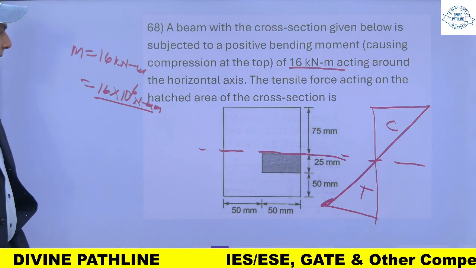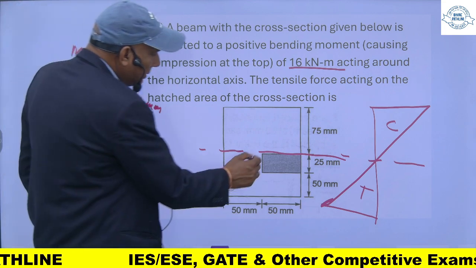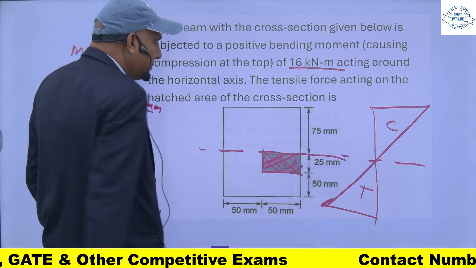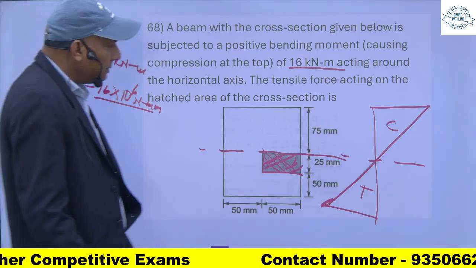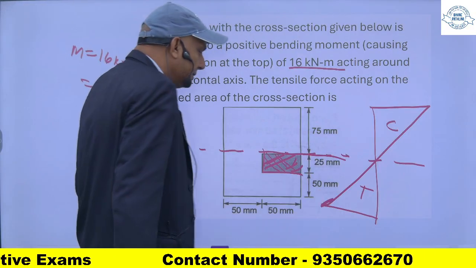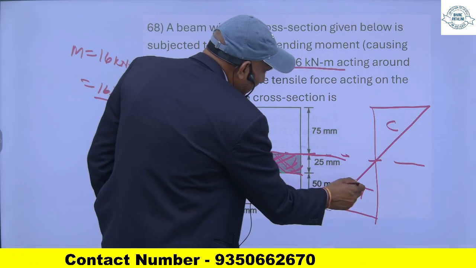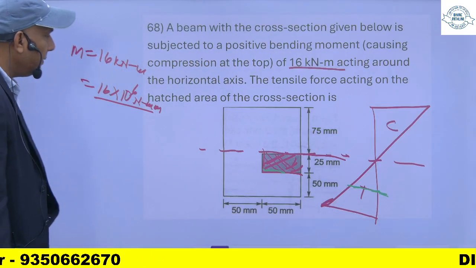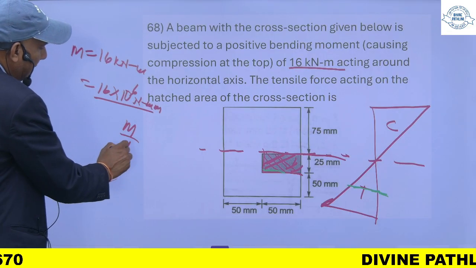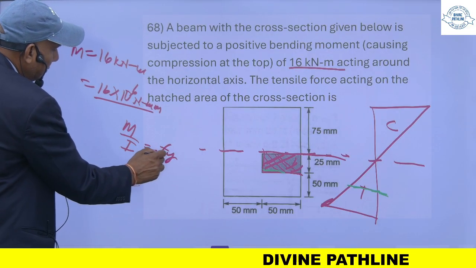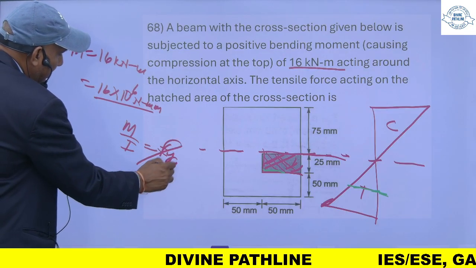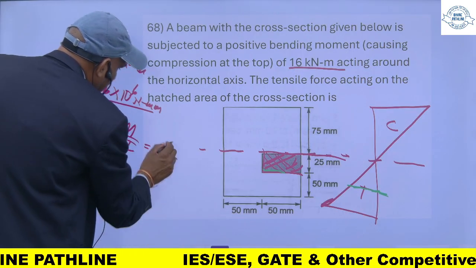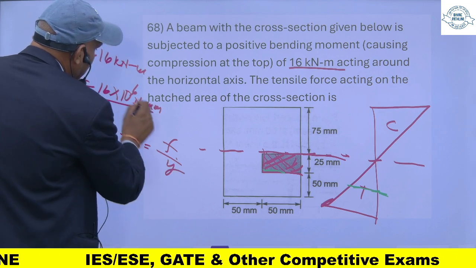The tensile force acts on the hatched area. So for this hatched area, first I have to find the stress at this level. This is the neutral axis, where it is 0. I can find the tensile stress at this level from the flexure formula: M upon I is equal to F upon Y. M is equal to this one.